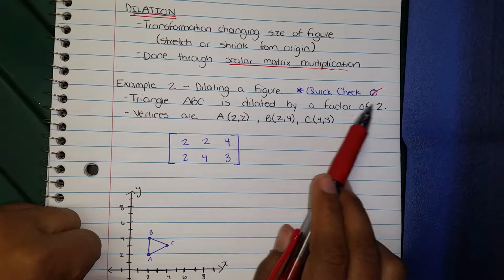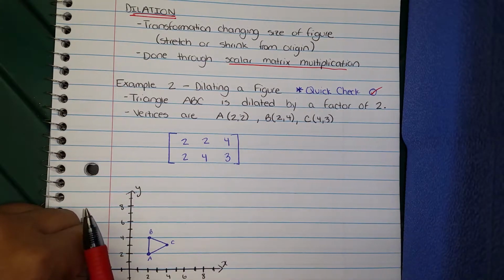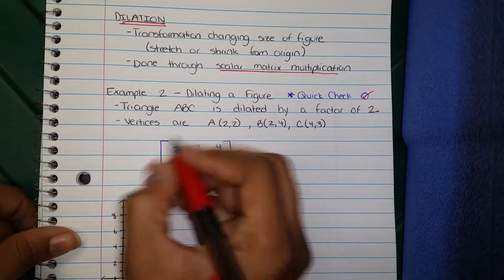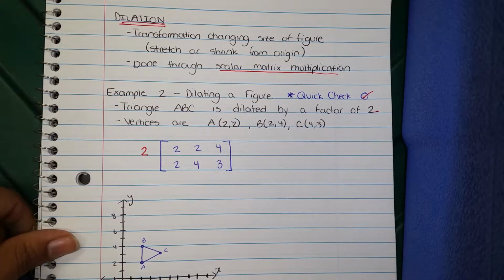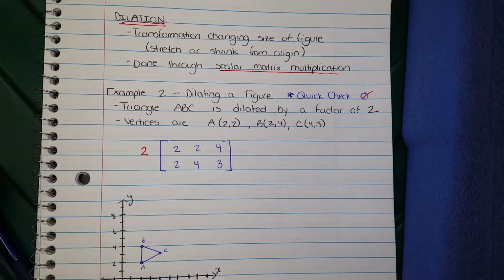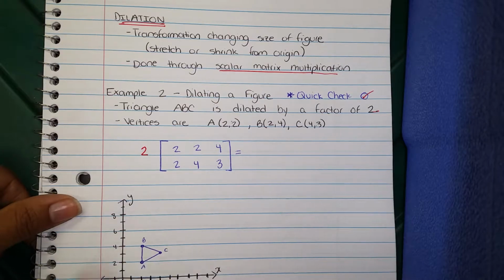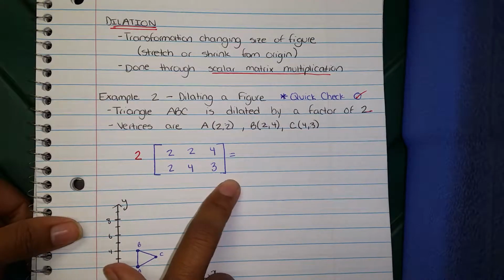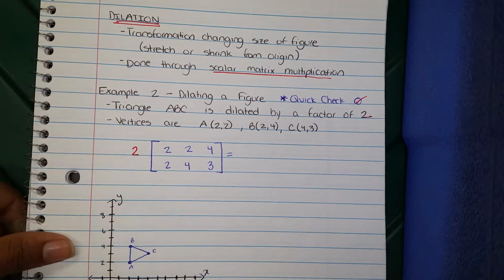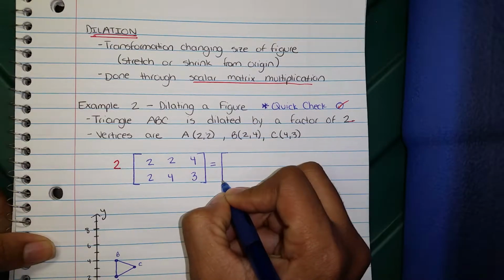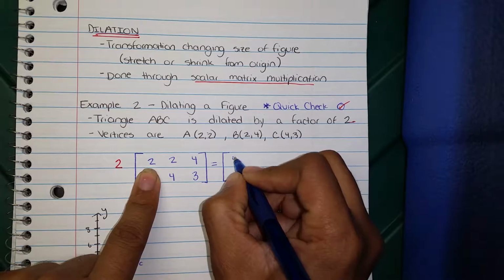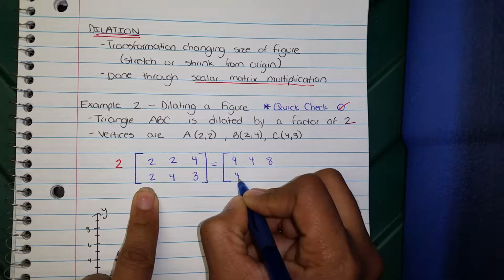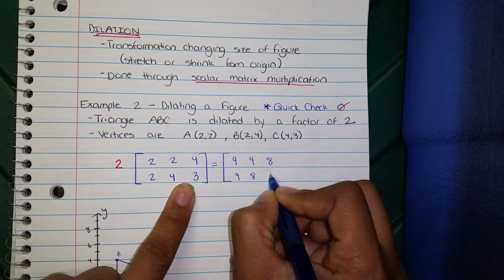Well, whatever factor it's being dilated by. It's being dilated by a factor of 2. So I'm going to be multiplying by 2. Okay? And you guys know how to do a scalar multiplication. I'm just multiplying every element in the matrix by the scalar. So we're going to get everything multiplied by 2. So we're going to have here 4, 4, 8, 4, 8, 6.